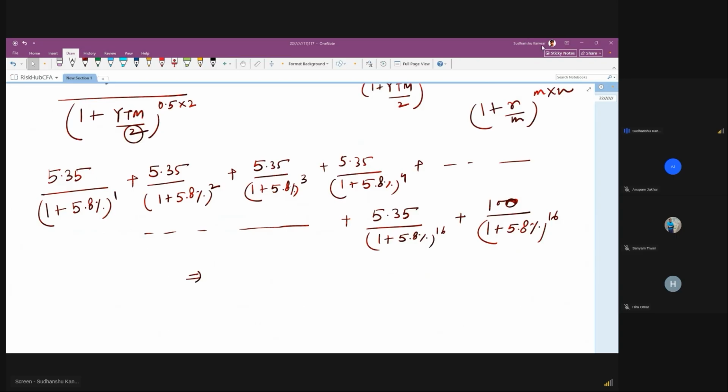If you solve it, the whole calculation will boil down to something closer to 95.39. So that is what we want, and the current price of the bond is closest to 95.39. That is what we will get.